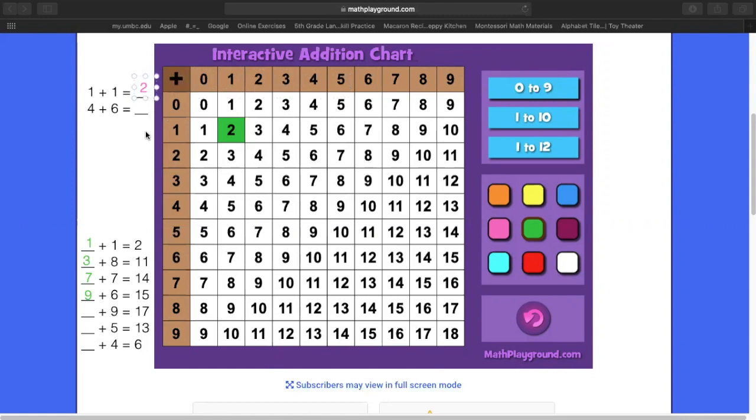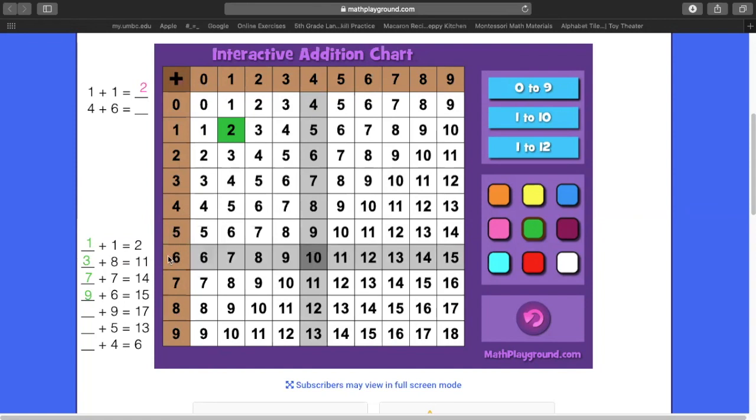Let's try the next one. 4 plus 6 equals something. Let's see. 0, 1, 2, 3, 4. And then on the other side, I have to find the 6. 0, 1, 2, 3, 4, 5, 6.